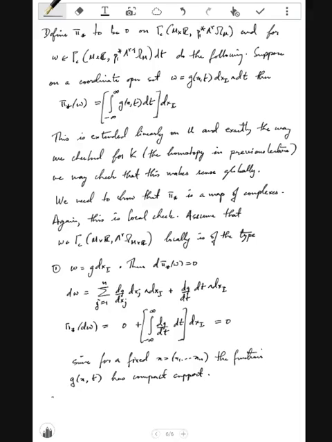Or omega can be of the form, locally it may be of the form a sum of this type.